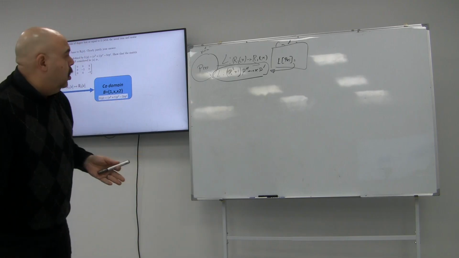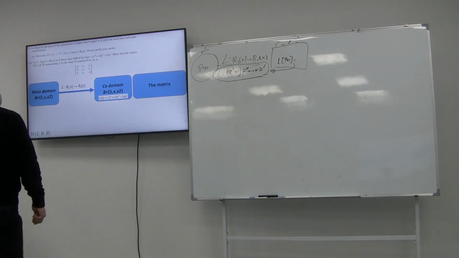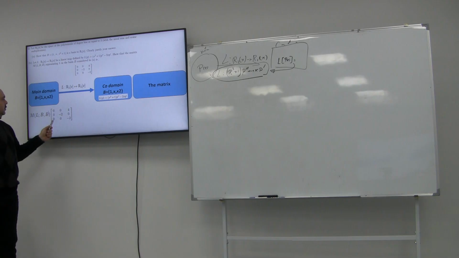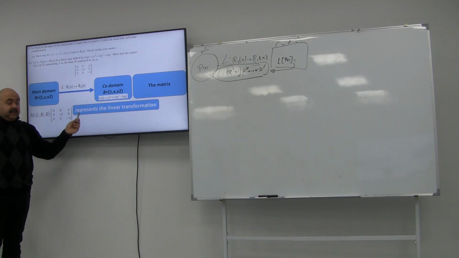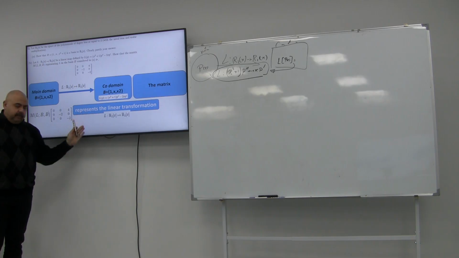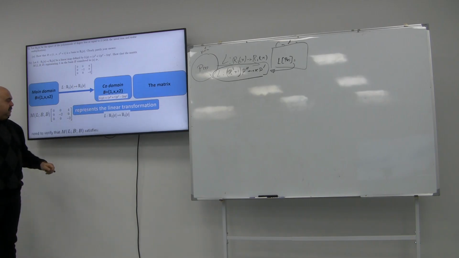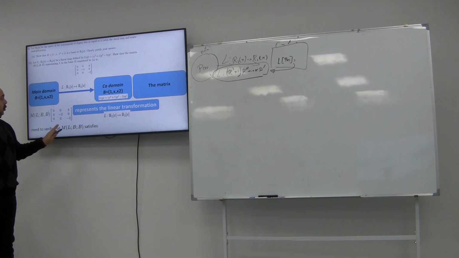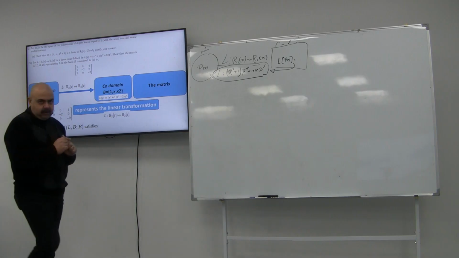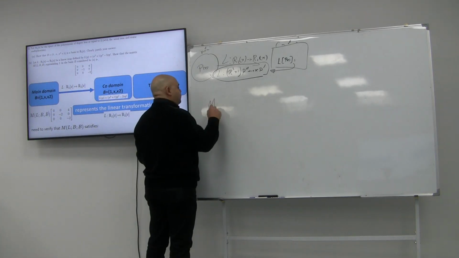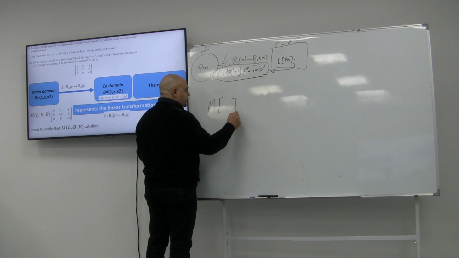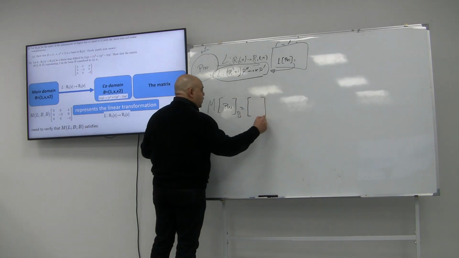So how do we go through all of this? I will start with the following. That's the matrix, which is 0, 0, 0, and so on, which represents the linear transform from R2 into R2, as we stated previously. There is no new information here. In order to justify this, all I have to do is prove that if I have M times the coordinates of p of x, it will equal the coordinates of L of p of x.